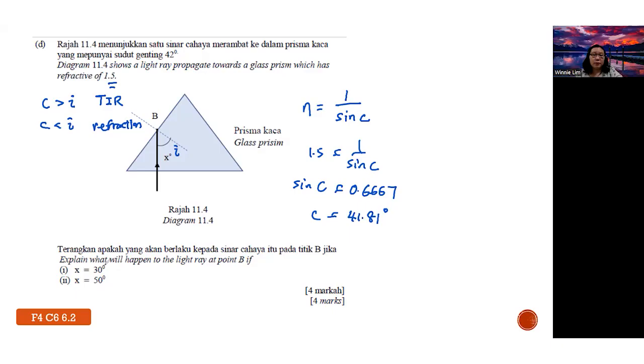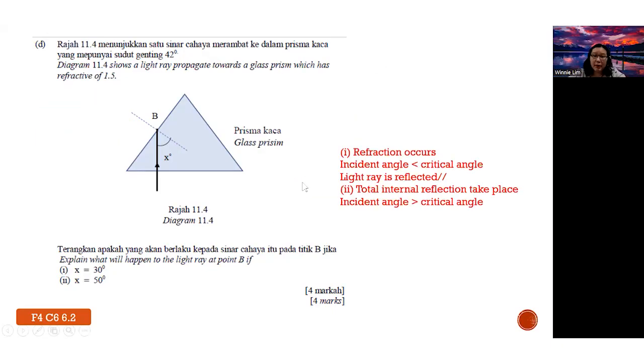So if your incident angle is less than 41.81, what is the phenomenon that occurs? Refraction. But if it is more than that, then total internal reflection occurs. Of course, you can show the calculation for the critical angle, or because you already calculated it, you can straight give the explanation.